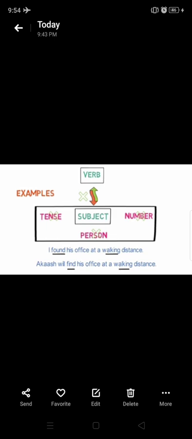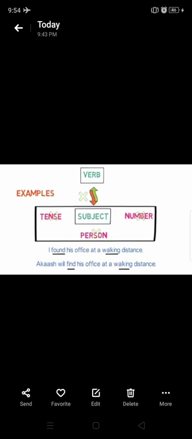In the first example we have found because the sentence is in the past tense. In the second example, the verb changes to find because the tense here is the future tense. And if you look at the subject, I and Akash, there are two different subjects. So even the verb changes according to the tense and according to the subject.